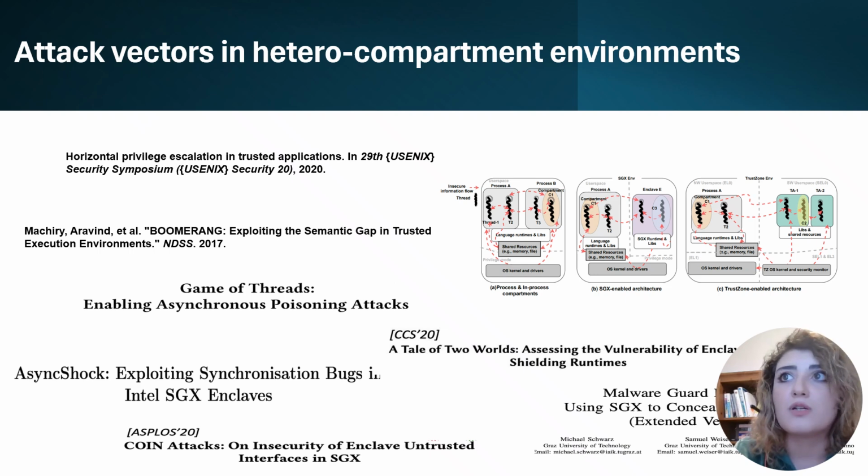Similarly, with TrustZone, we have all kinds of logical attacks, horizontal privilege escalation attacks, and also the traditional Boomerang attacks, which showed that through a malicious TA you can compromise the entire system and change the memory address space of the normal world.